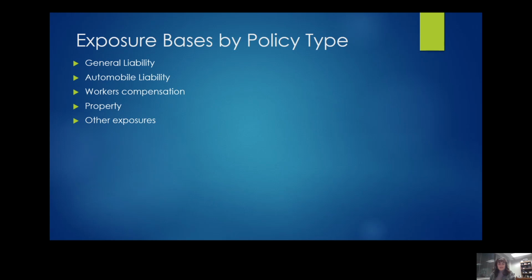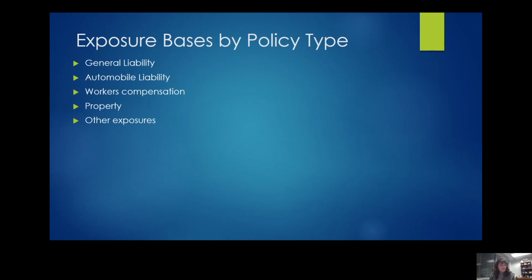So looking at the different policies, there's four of them listed for sure. General liability, there's a lot of common ways to allocate, but the most common ways that they use to allocate for general liability is either revenue, square footage of floor space, could be based on a budget, it could be on number of sales or number of full-time employees.